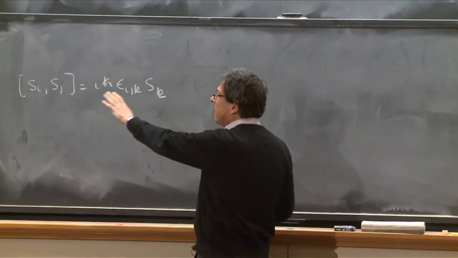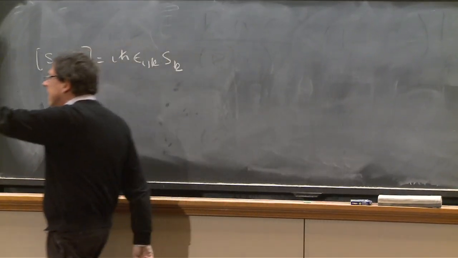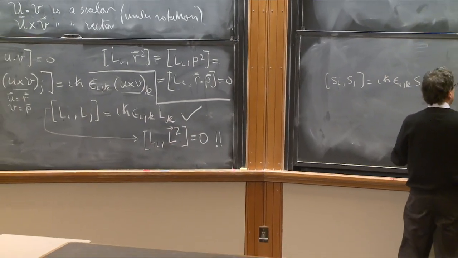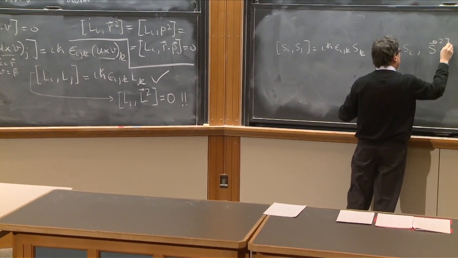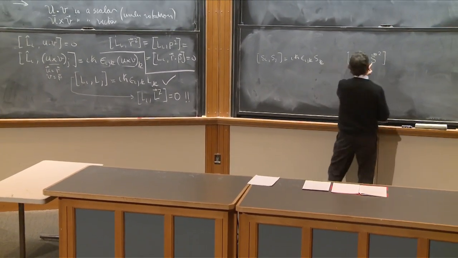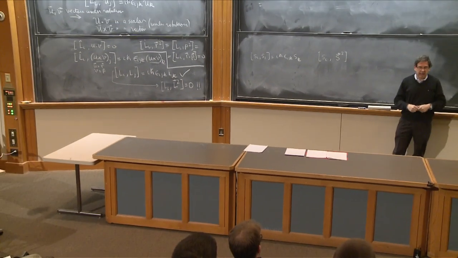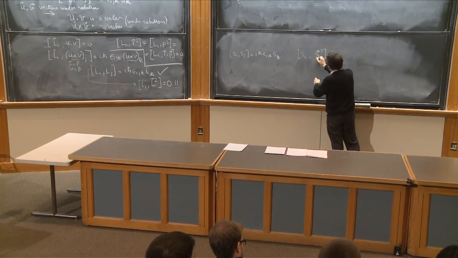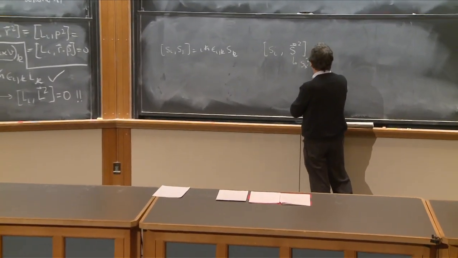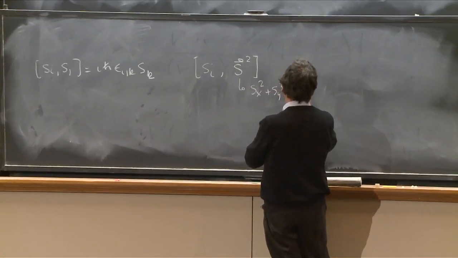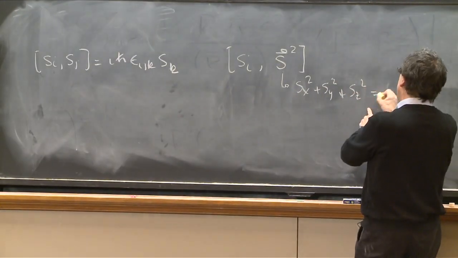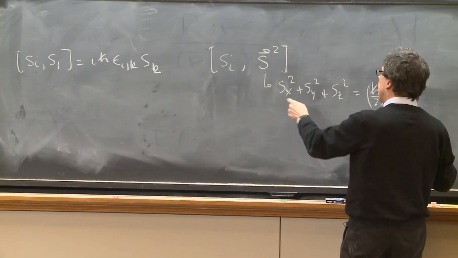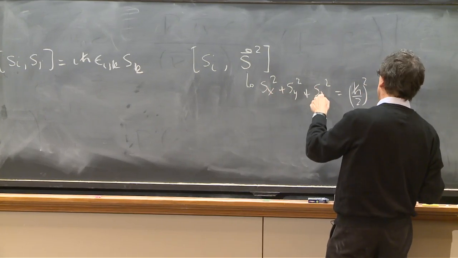And we claim that for that same reason, this algebra leads to this result, that Si should commute with S squared. And you may remember that in the particular case we examined in this course, S squared, that would be Sx squared plus Sy squared plus Sz squared, was in fact h bar over 2 squared, and each matrix was proportional to the identity.